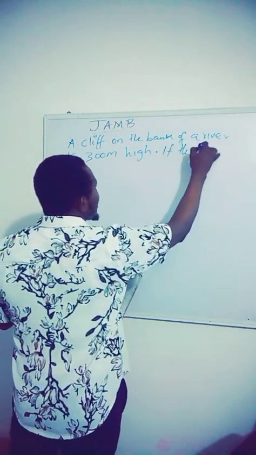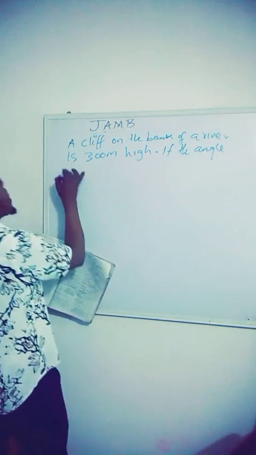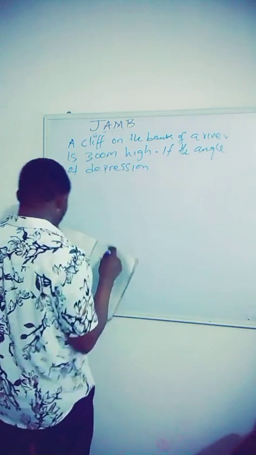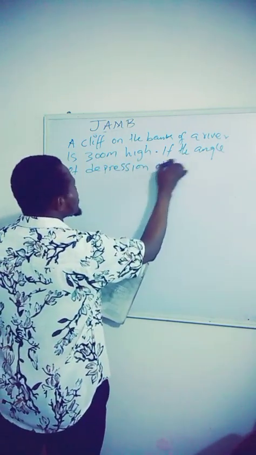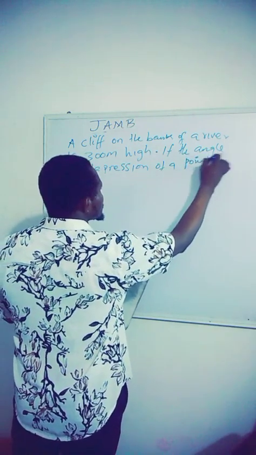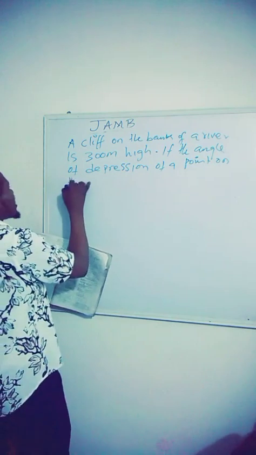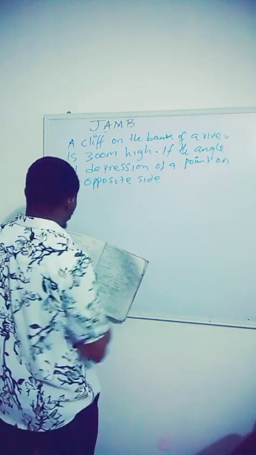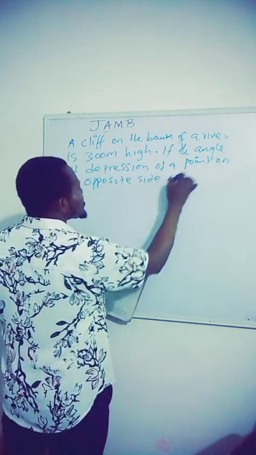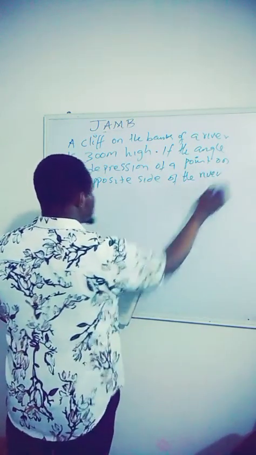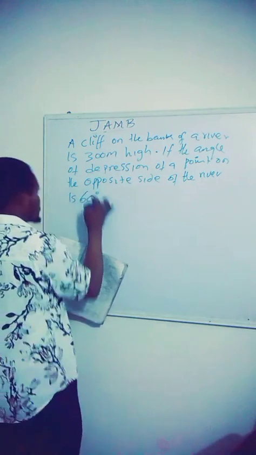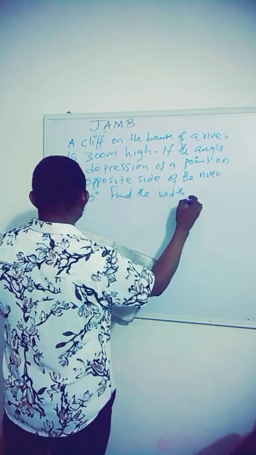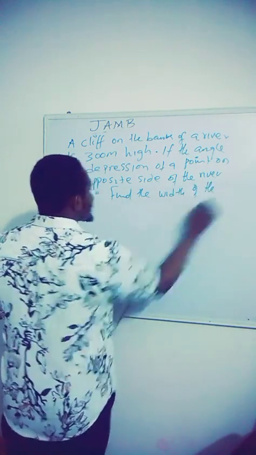If the angle of depression of a point on the opposite side of the river is 60 degrees, find the width of the river.